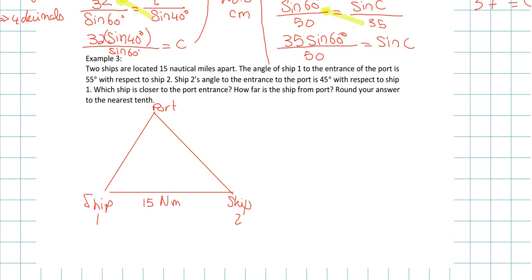Then it says the angle of ship 1 to the entrance of the port is 55 degrees with respect to ship 2. So where is that angle? At ship 1, because it's the angle of ship 1 to the port with respect to ship 2. So that's this angle right here.